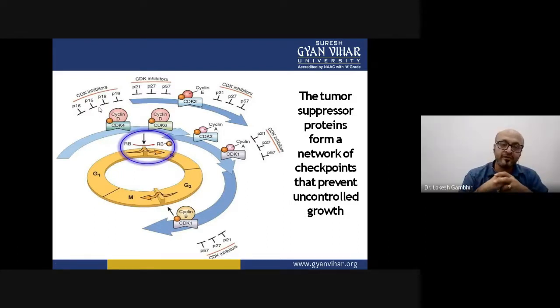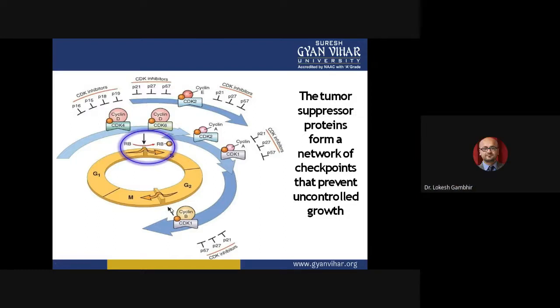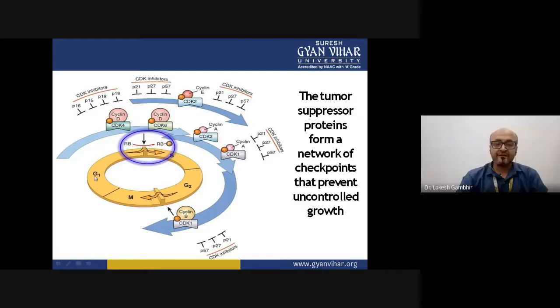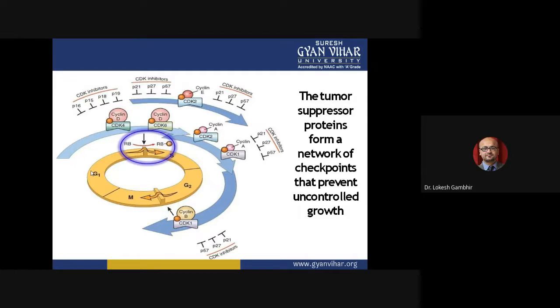Cyclin D with CDK4 or CDK6 are the proteins responsible for a cell to transit from one state to another. For the transition from G1 to S phase, cyclin D along with cyclin dependent kinase 4 is responsible, and retinoblastoma is also present here as a checkpoint, to check whether there is damage or not.